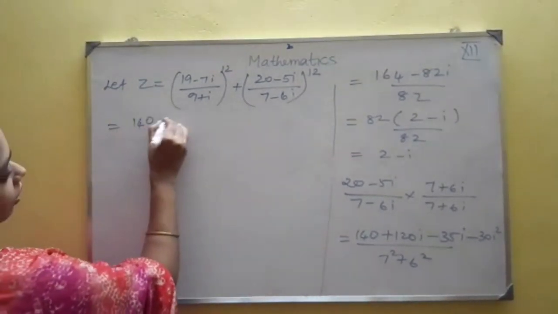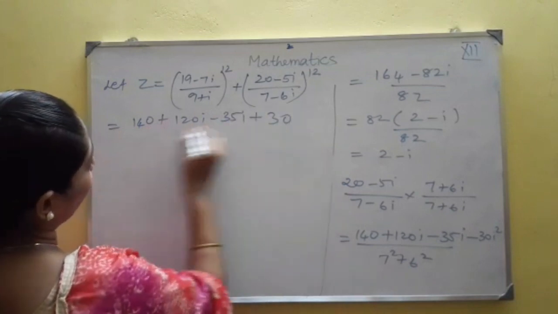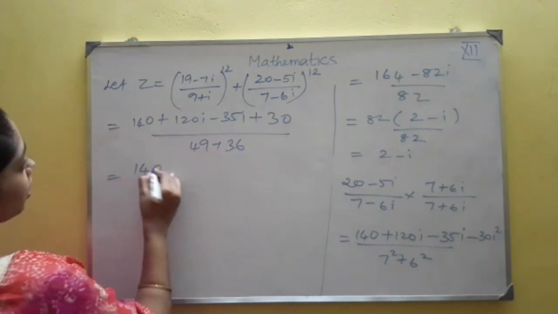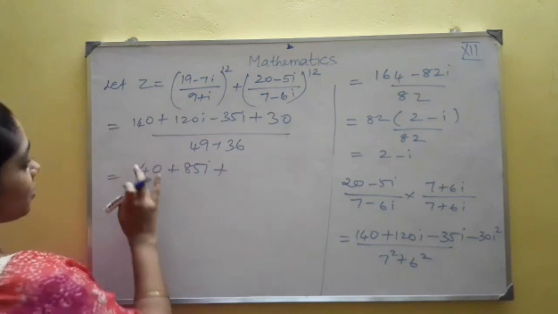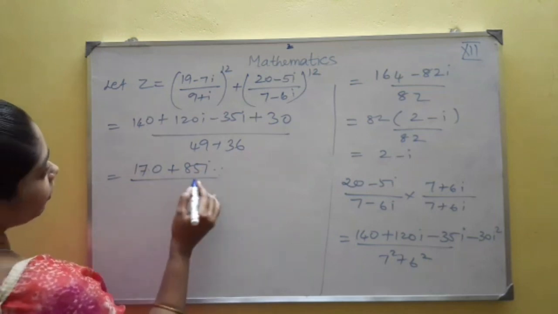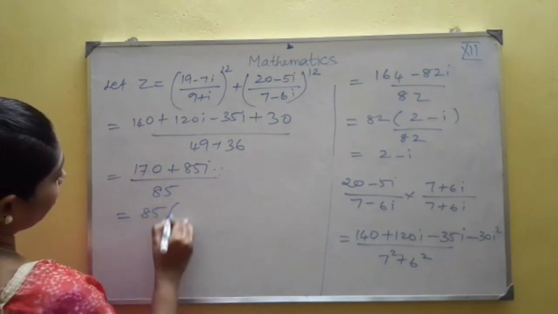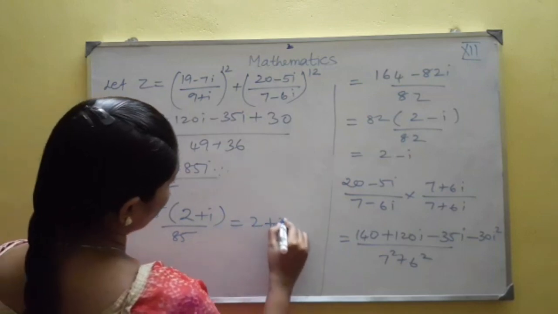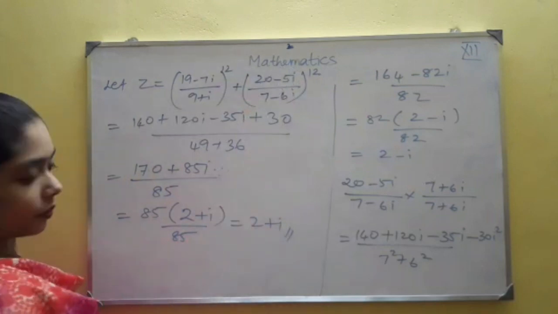Now 140 plus 120i minus 35i plus 30, whole divided by 49 plus 36. So this is 85i, and 140 plus 30 is 170. This gives me 2 times, plus i, divided by 85. So this gives me 2 plus i. I got 2 minus i for the first term, 2 plus i for this term.